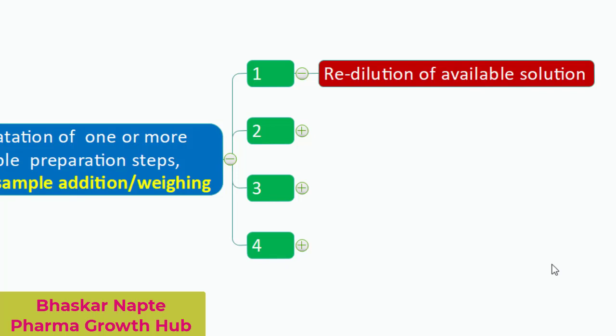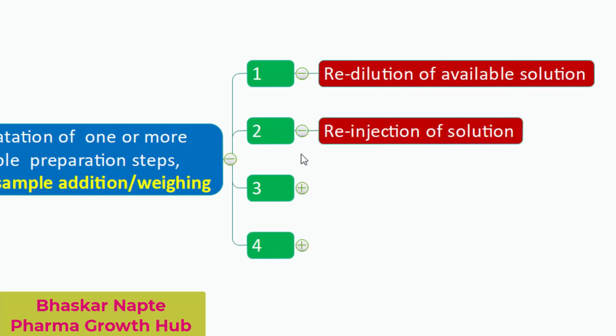What is the second example of repetition or the repeat testing? It is the re-injection of solution. In case you are conducting a chromatographic method, for example by HPLC, and if you found that the out of specification result could be because of the instrument or equipment malfunctioning, which is called a transient error.